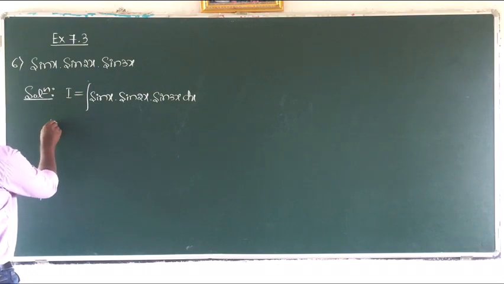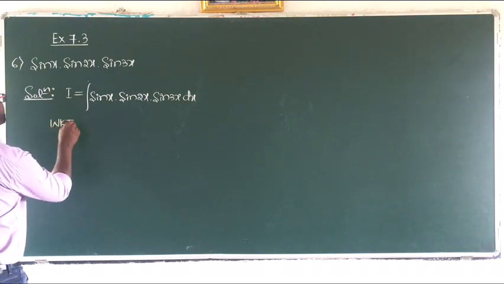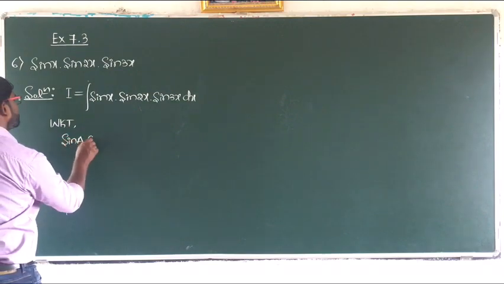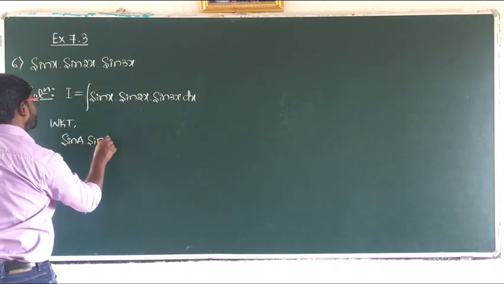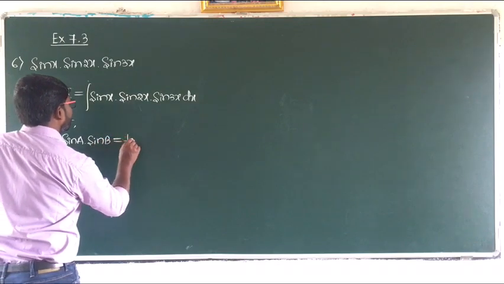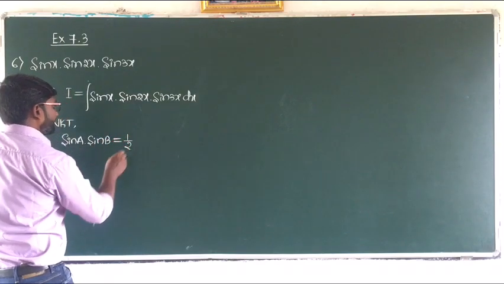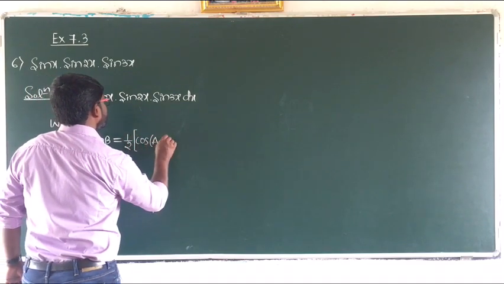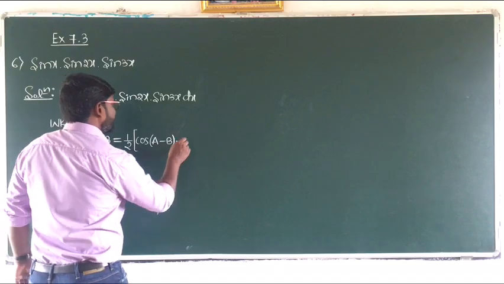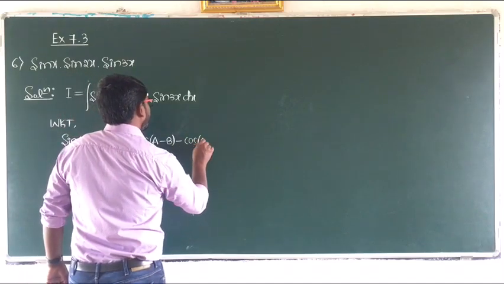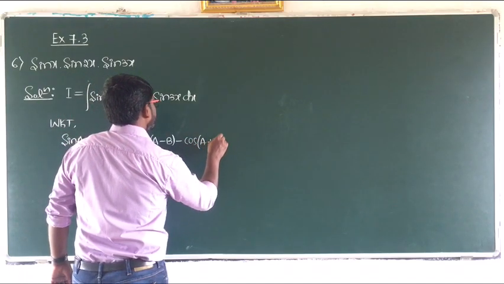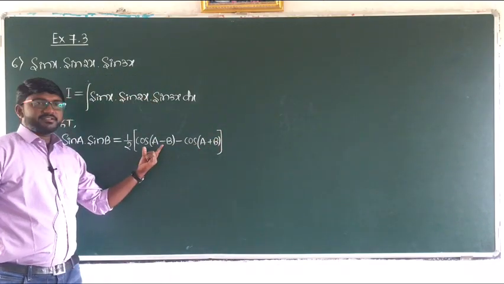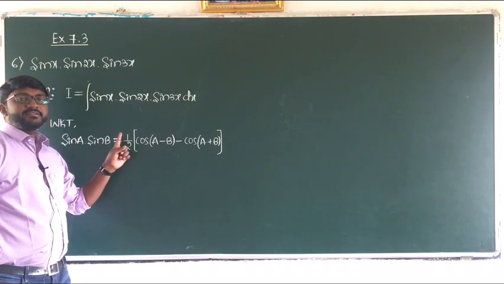So we know that sin A into sin B, which is equals to 1 by 2 cos of A minus B minus cos of A plus B. So in case you write the positive term first, you will have to take out minus common.